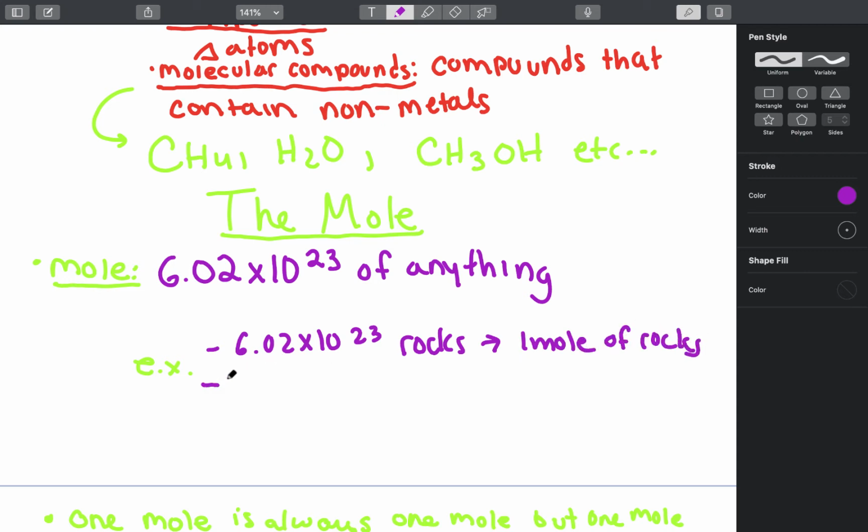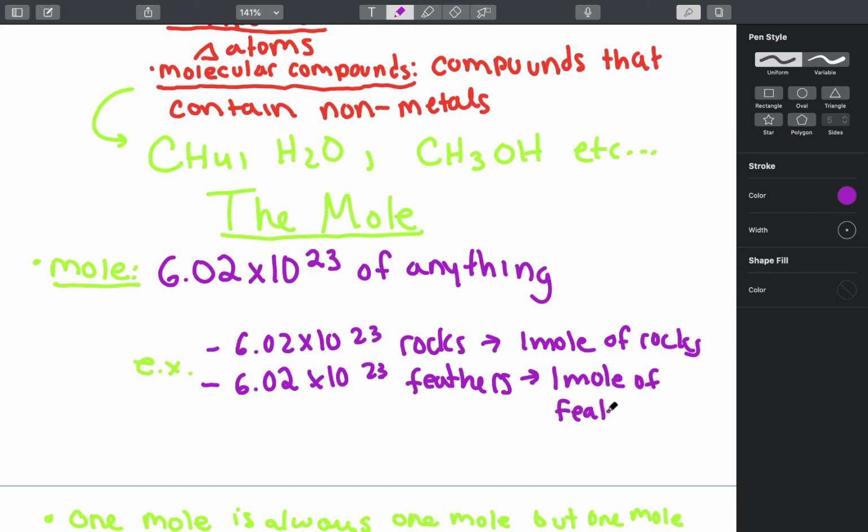If I had 6.02 times 10 to the 23rd feathers, that would be 1 mole of feathers. So the mole, simply put, is just an amount.